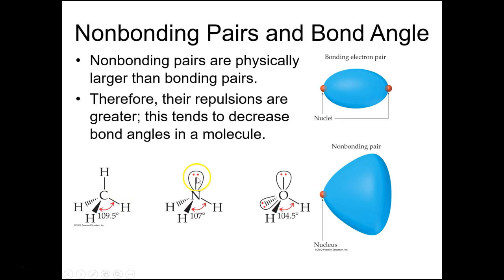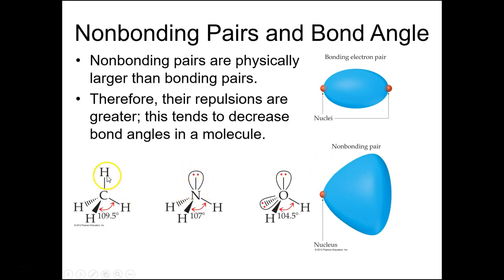A non-bonding pair is larger and occupies more space than a bonding pair, and that's the point that's being made here, that a bonding pair of electrons is localized between the two atoms into a smaller region of space than a non-bonding pair. And what that has the effect of doing is actually squeezing bond angles.